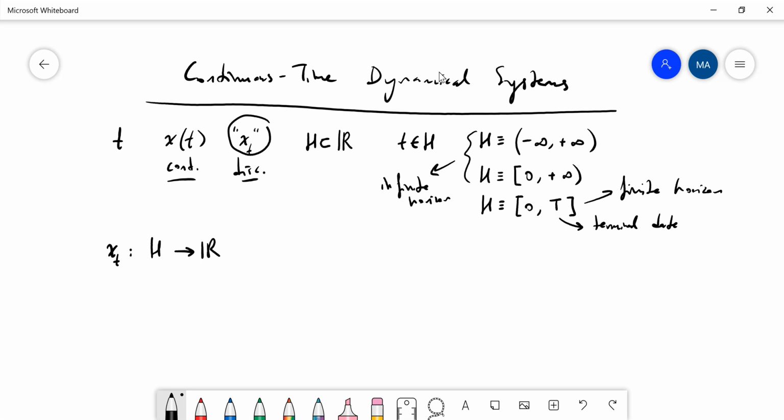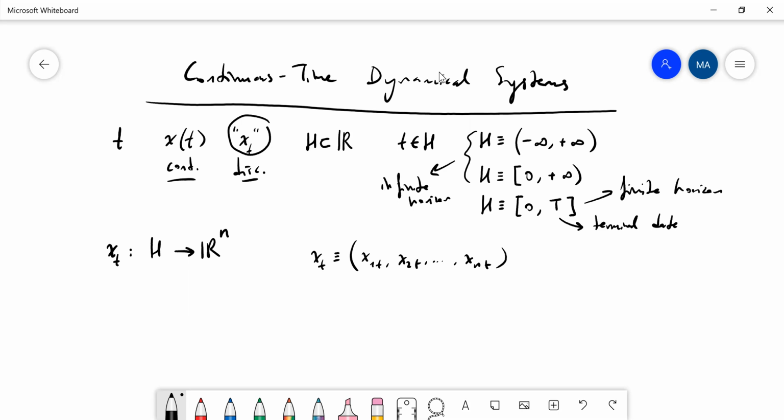Now, when we start continuous time dynamical systems, we will be, of course, thinking about more than one variable, right? So we have x1(t), x2(t), dot, dot, dot. So when I write x(t), most of the time I will be referring to x1(t), x2(t), dot, dot, dot, xn(t), right?